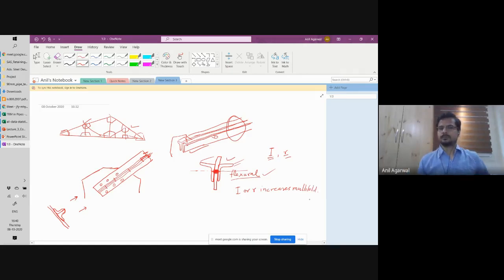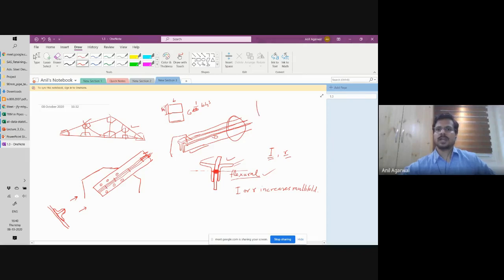Agreed? It is just like if I have one block, what is the moment of inertia? 1/12 BH cube. If I bring another block and don't tie them together, what is the total moment of inertia? 1/6 BH cube, where B is this, H is this.